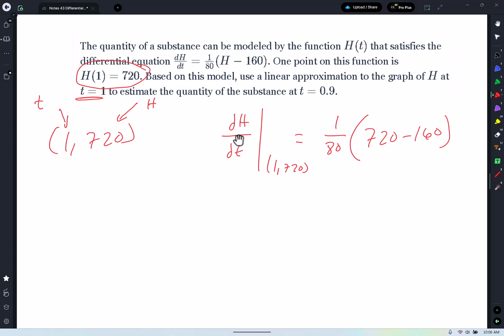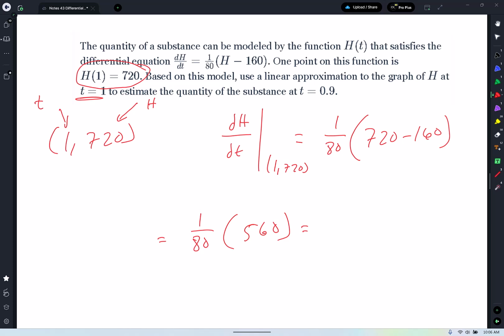Have I lost anyone, guys? All right, here we go. 1 over 80 times, let's see, 720 minus 160 is 560. Let me know if I made a mistake. I make mistakes all the time. Are we still okay?